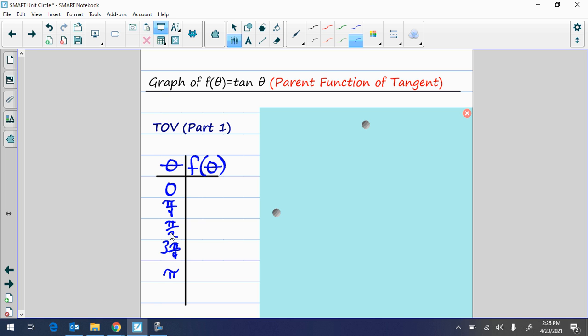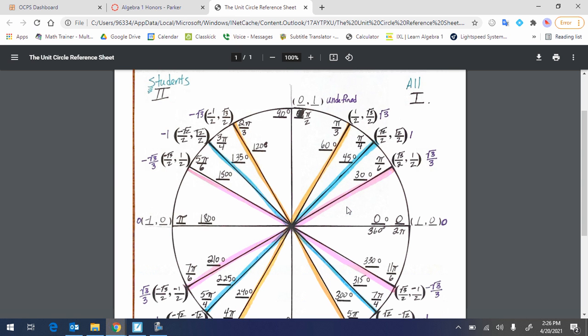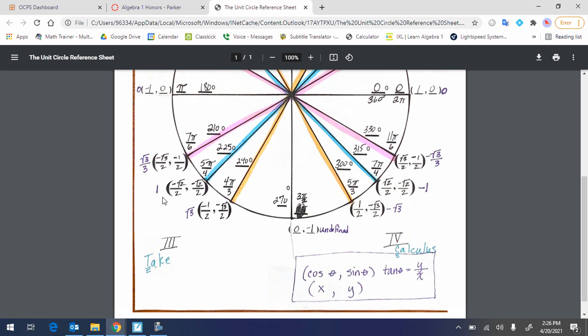Notice this time I'm not just using my quadrantal angles, I'm using my multiples of pi over 4. And the reason I'm doing that is because the graph of tangent isn't going to oscillate up and down like our sine and cosine did, so I need more than just the quadrantal angles. I chose to use our multiples of pi over 4 because when I look at my tangent, so remember that's this number that I put off to the side here, which is y over x, or sine over cosine, notice that at all of my multiples of pi over 4, it's either 0, undefined, 1, or -1.